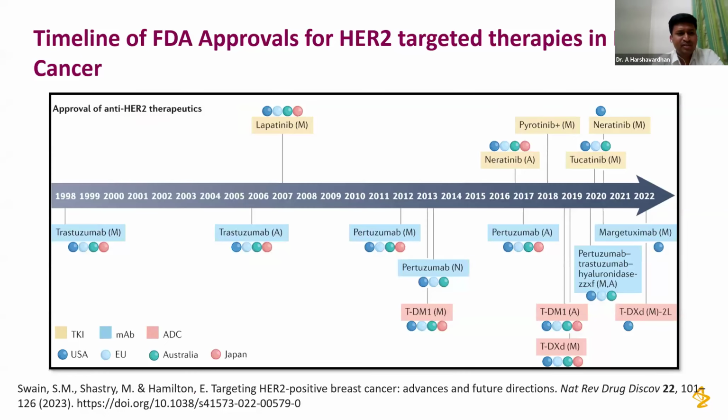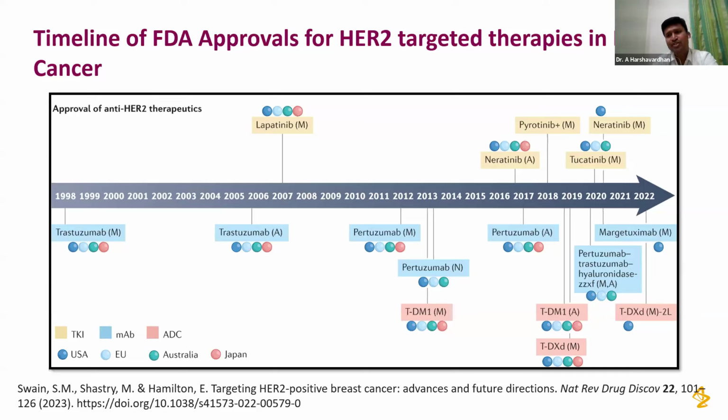After the introduction of trastuzumab, the treatment landscape of HER2 positive breast cancer has changed. Over time, multiple drugs were introduced. T-Dxd got approval in 2019 as a beyond second line, post TDM1, for metastatic breast cancer, HER2 positive MBC.